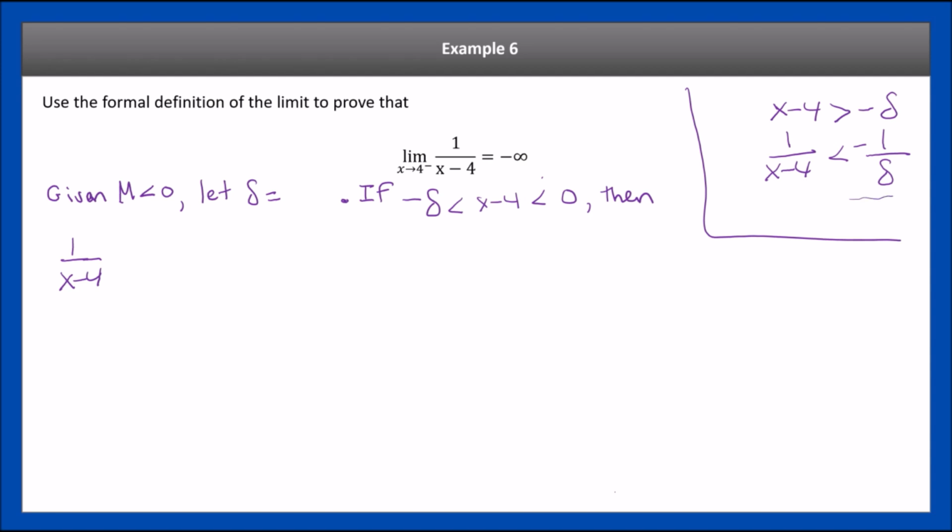This number on the right side is negative, because we know that x minus 4 has to be negative, because remember, if you look at our interval here, it's less than 0. So we know x minus 4 is already negative. So when we're comparing two negative numbers, for example, negative 3 is greater than negative 4, right?